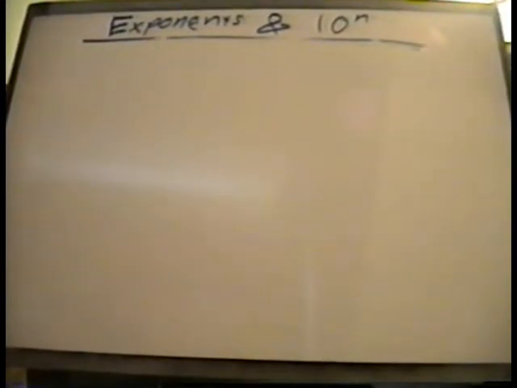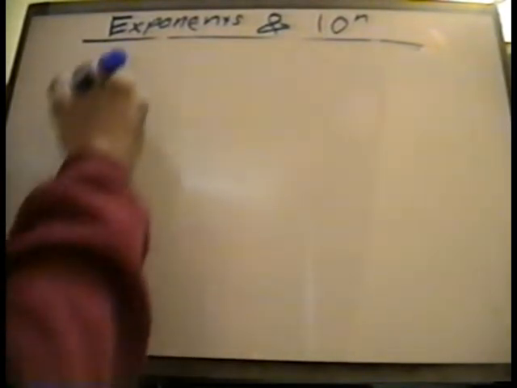Let's say we have 4 to the power of -5 times 4.